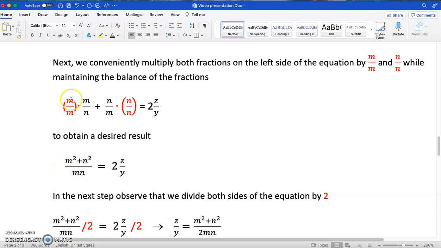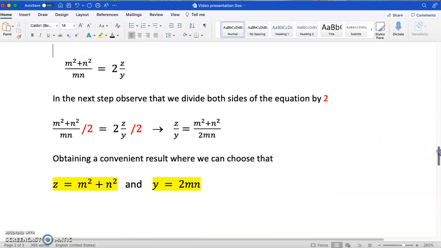We obtain here this m times this m is m squared. This n times this n is n squared. And we get a common denominator, which is mn. So we get that m squared plus n squared over mn equals what we already had, which is 2c over y.